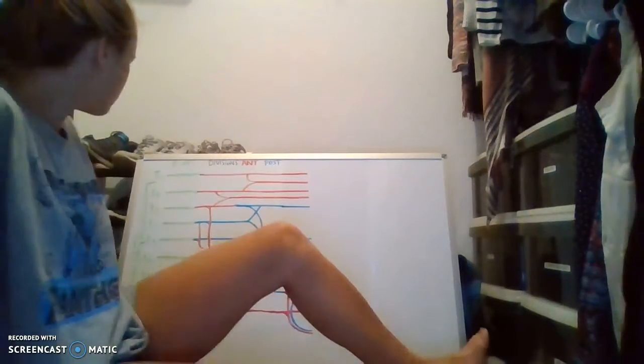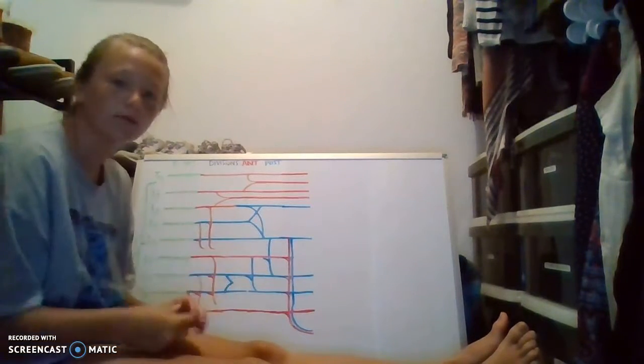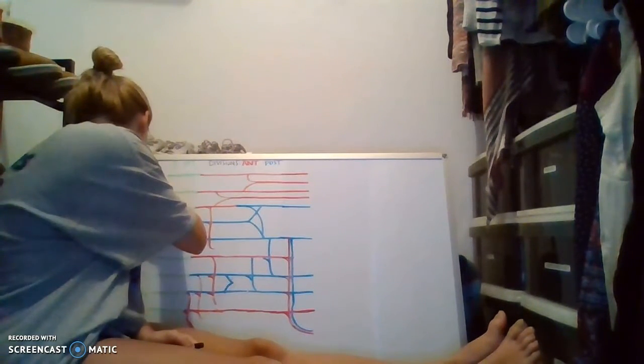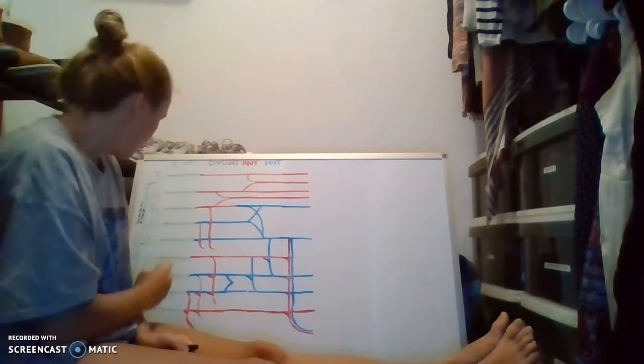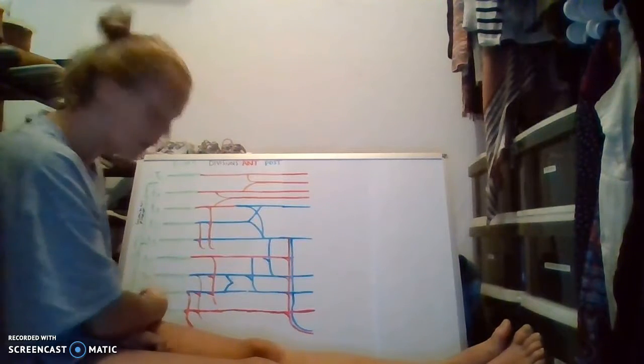Also, at the very beginning, your lumbar plexus is actually from L1 to L4. And then your sacral plexus is from L4 to S4.